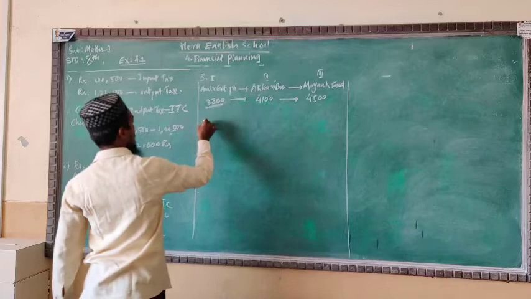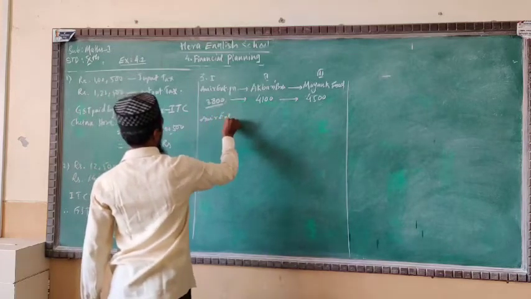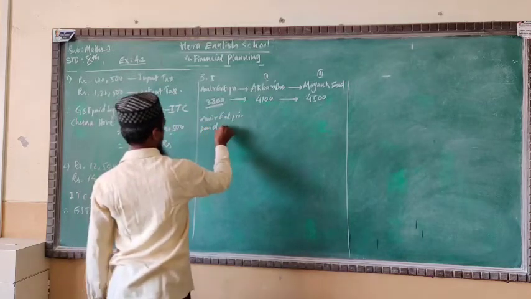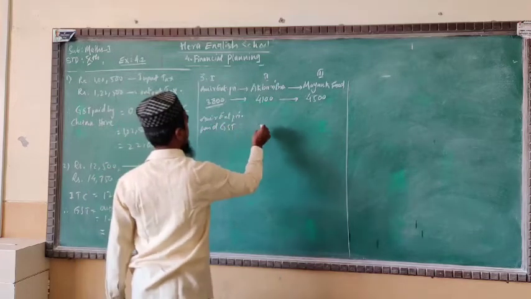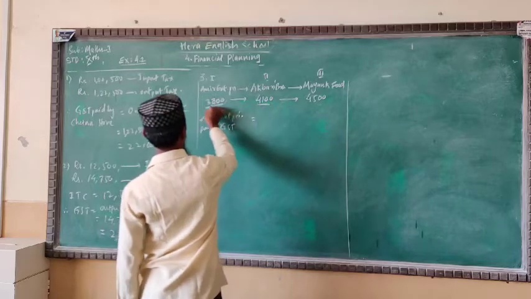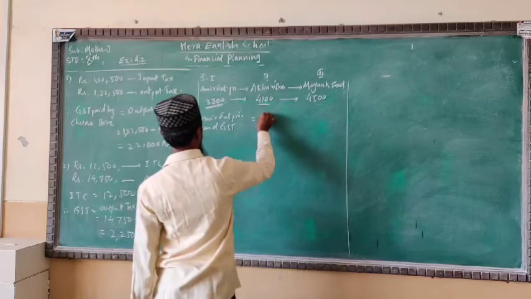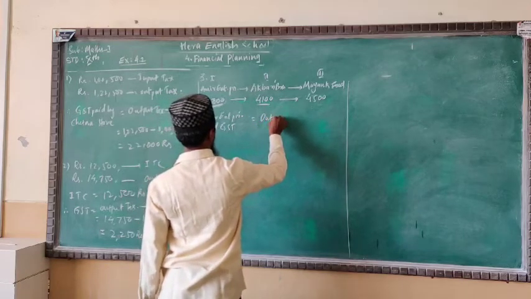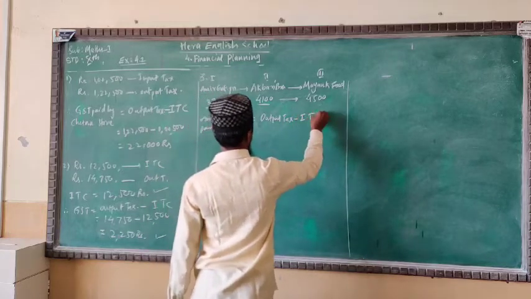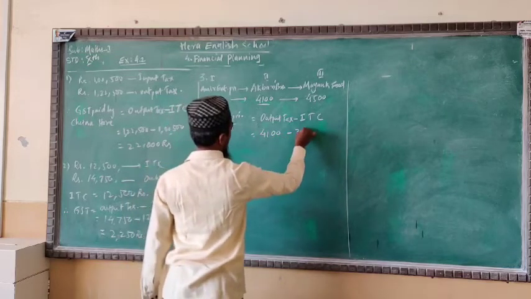Okay, we'll write here Amer Enterprises paid GST. See here very well, this is the output tax for Amer and input tax for Amer. So output tax minus input, meaning ITC: 4,100 minus 3,800.